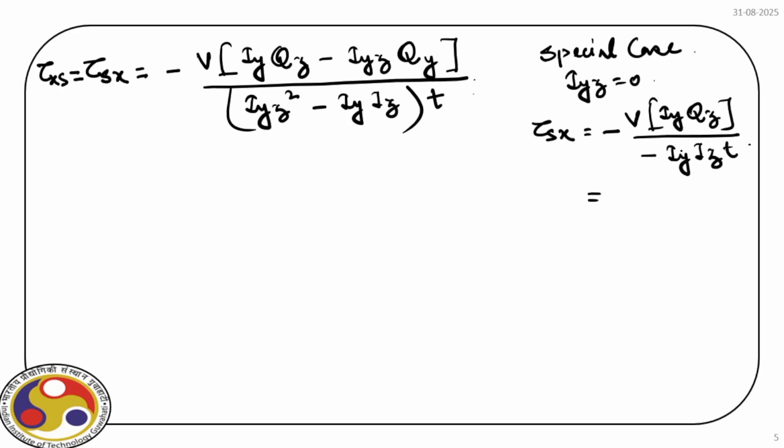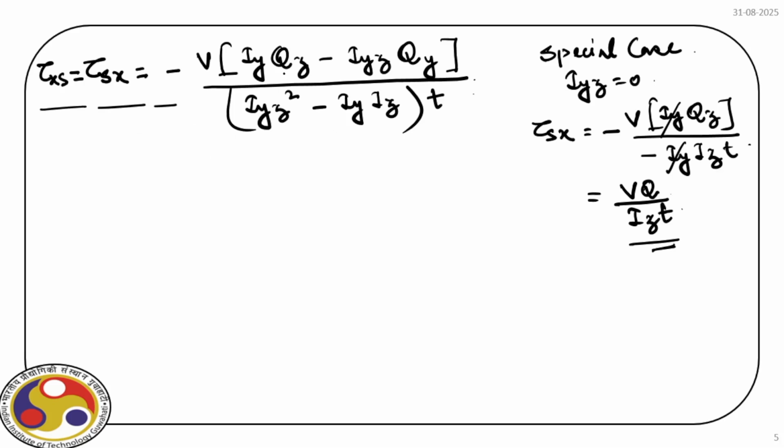Then this Iy gets cancelled, so we have VQ by Iz t, which is the expression we derived earlier, VQ by Ib. Thickness t here was actually b for the rectangular cross section. So this is the same expression we get again from this general case.